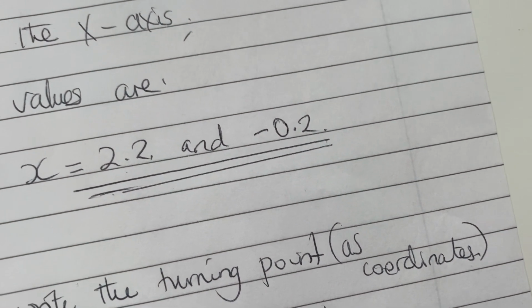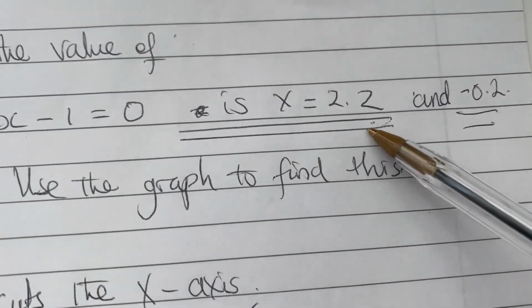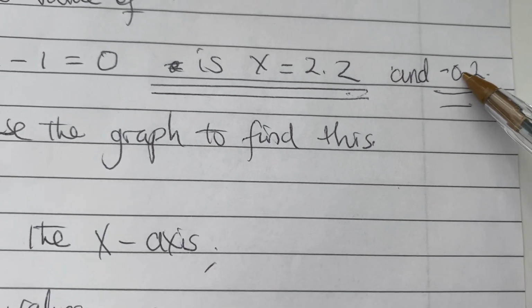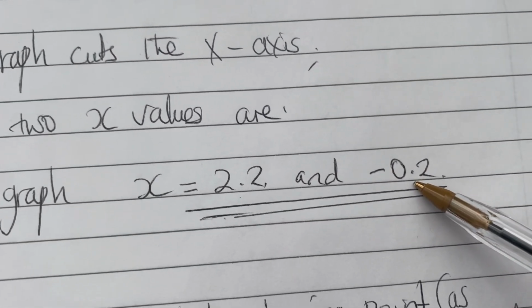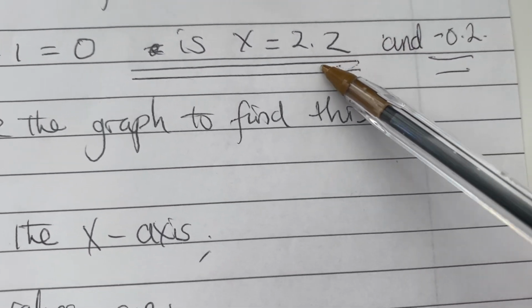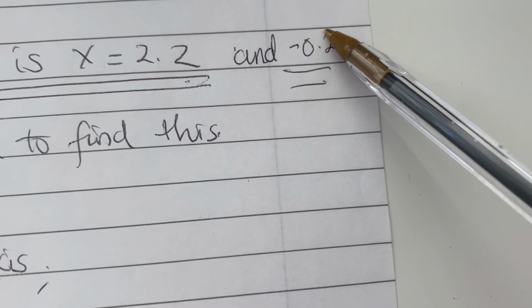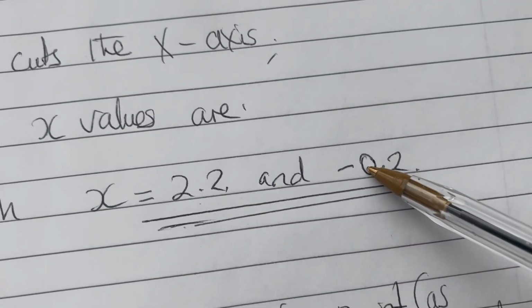So here again, I wrote x equals 2.2, but I left the other value, and then I wrote it here. So assuming you ended here, then you get only half of the mark. But thankfully on the notes, I've this thing.